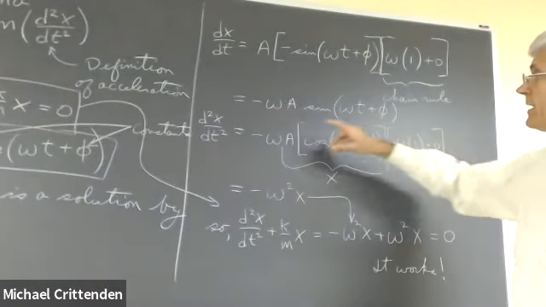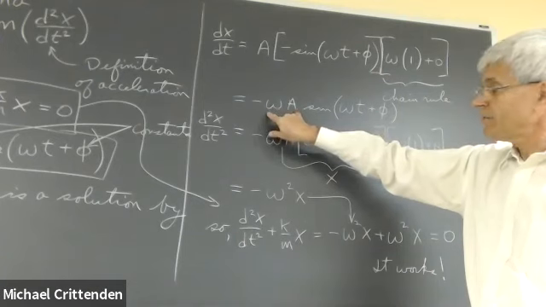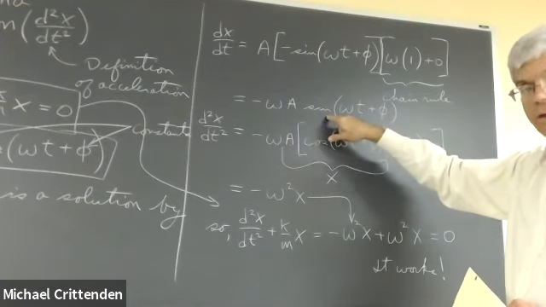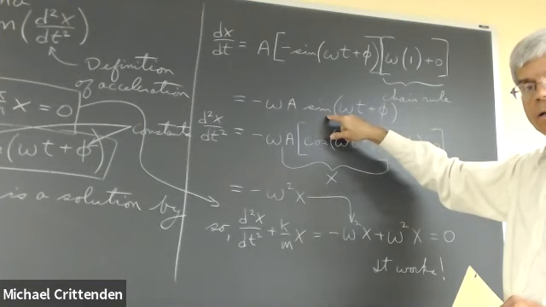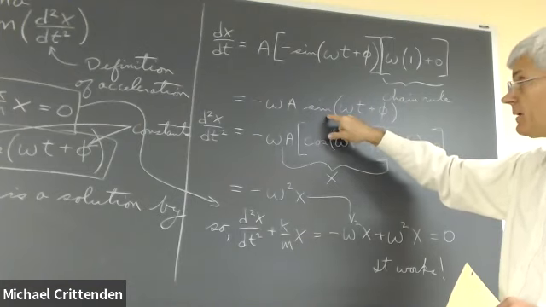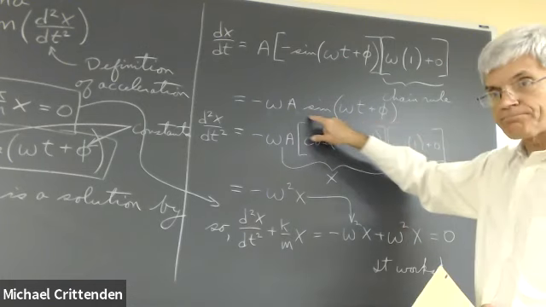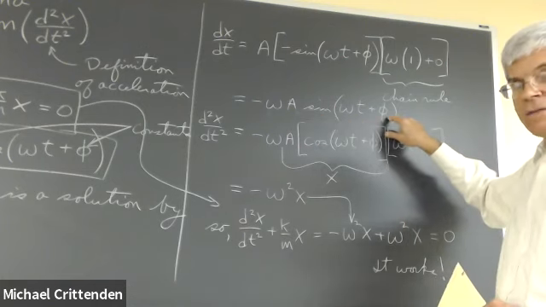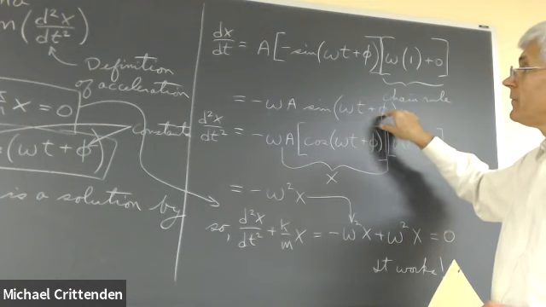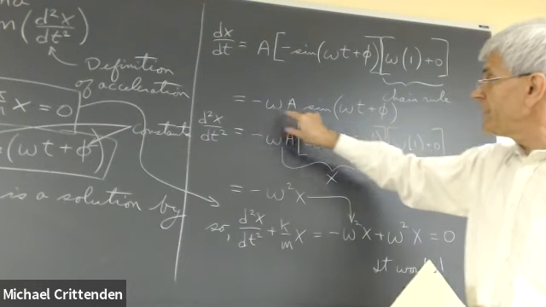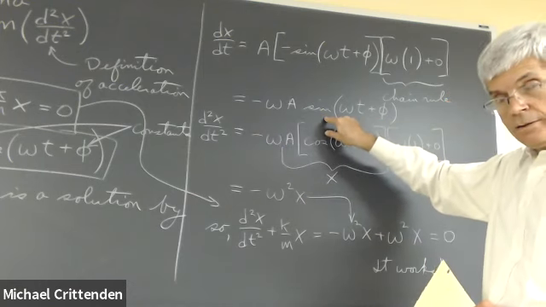Velocity is a function of time. I called this coefficient Vmax because the extreme values of the sine are plus and minus 1. The absolute value of this factor here never gets any bigger than 1, and therefore the velocity never gets any bigger than omega A times 1.